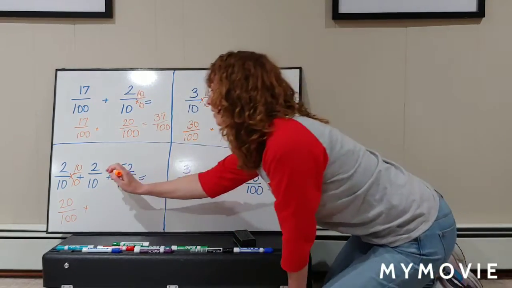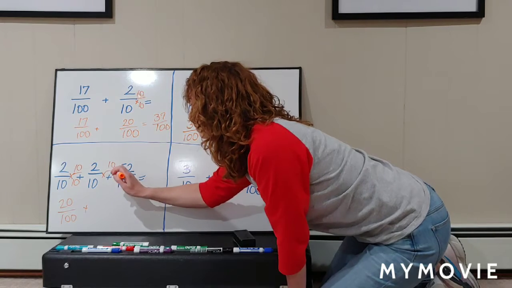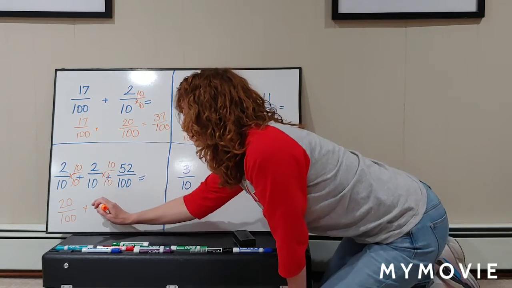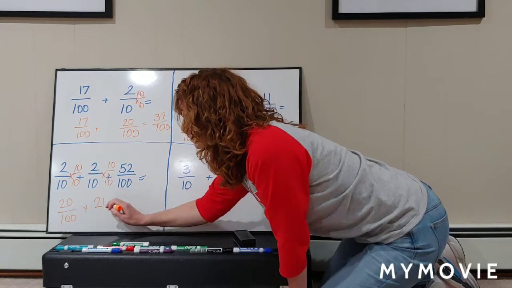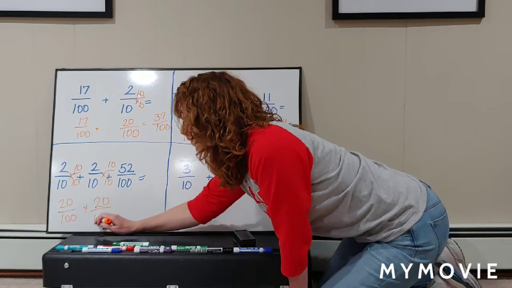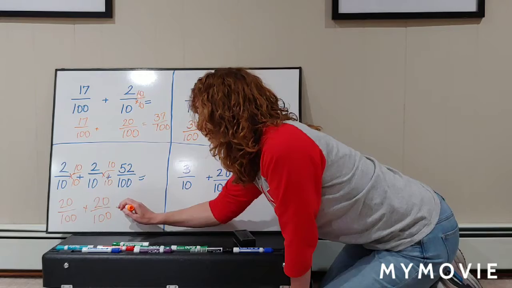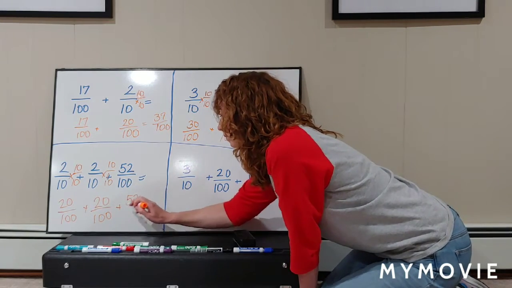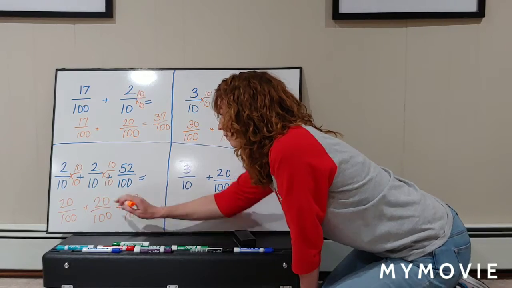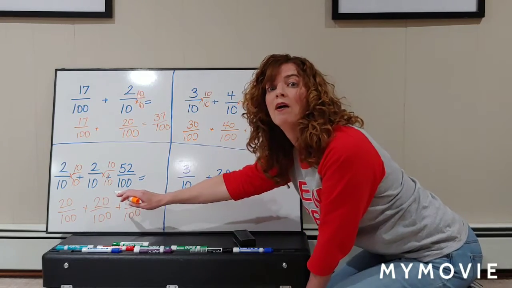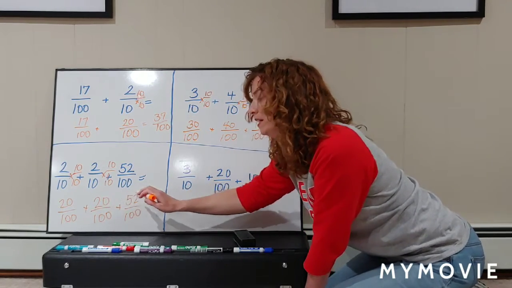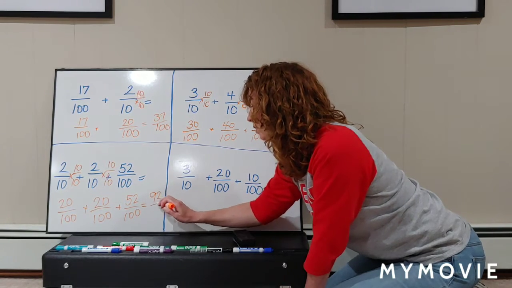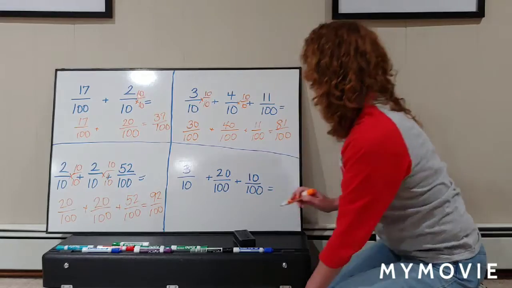We're going to multiply 10 here. 2 times 10 is 20. 10 times 10 is 100. And we're going to leave the 52 hundredths alone. 20 plus 20 is 40. 40 plus 52 is 92 hundredths.